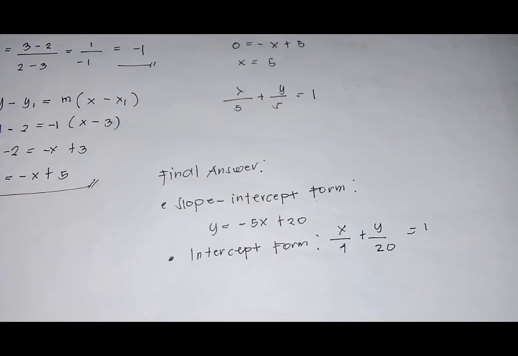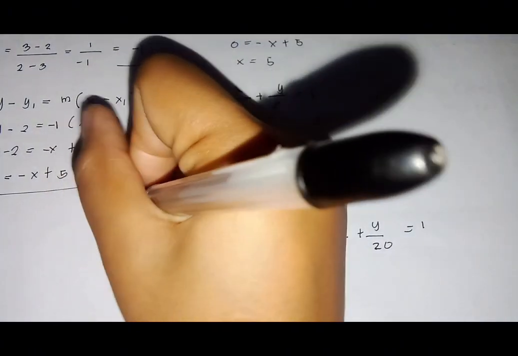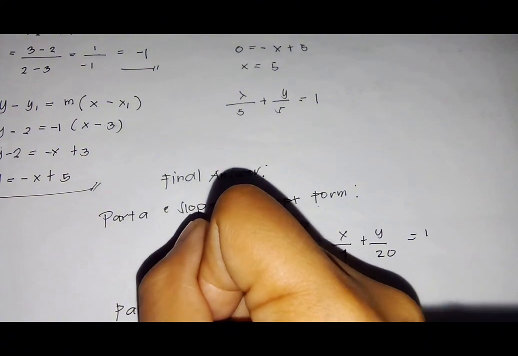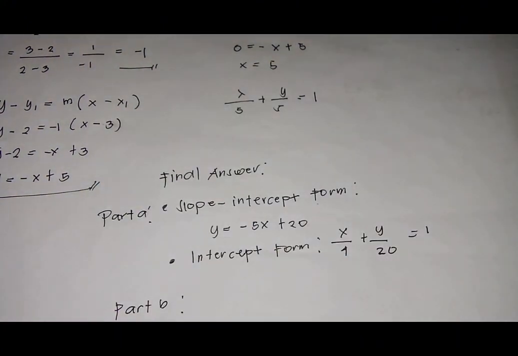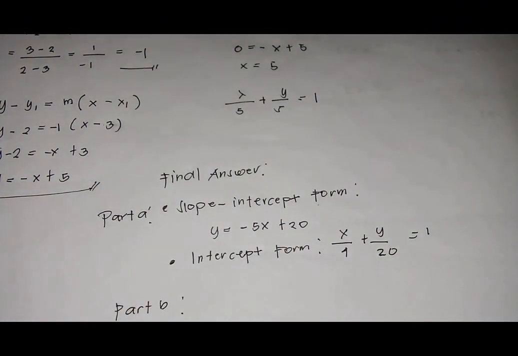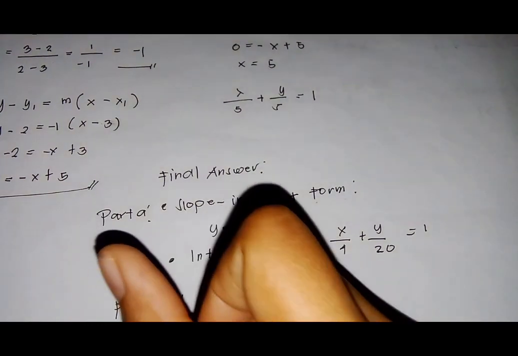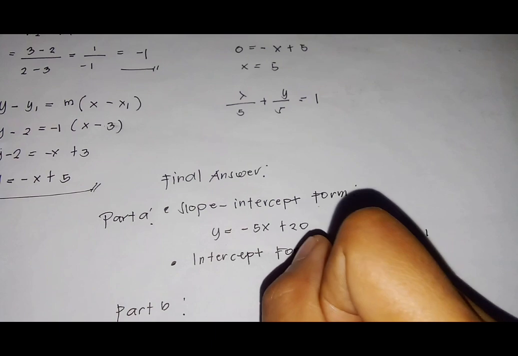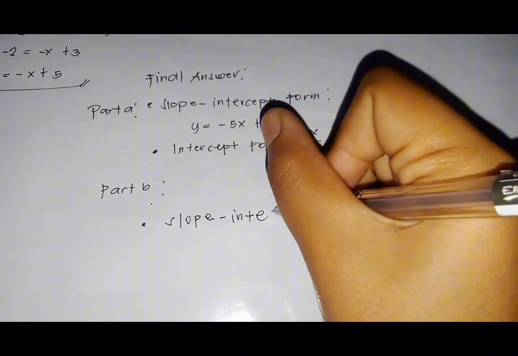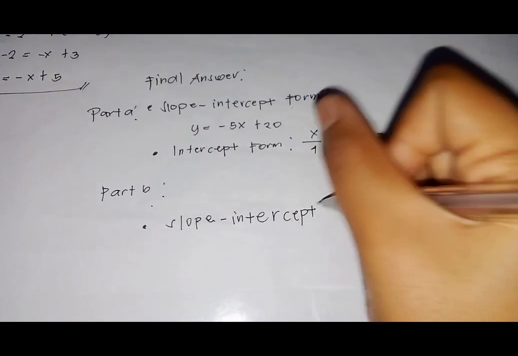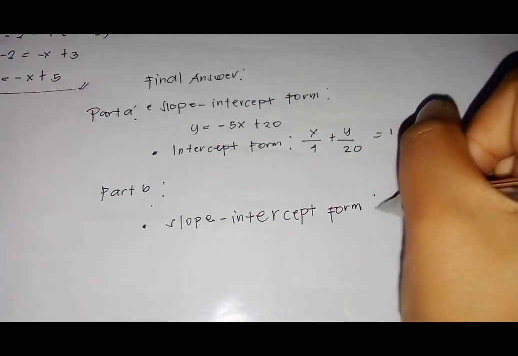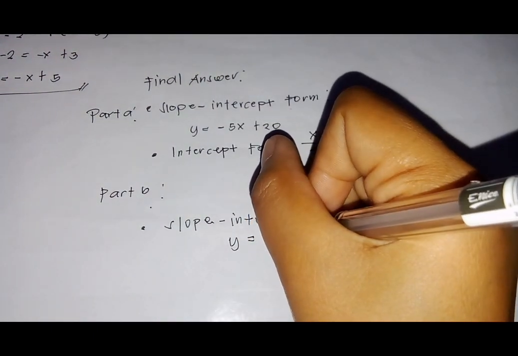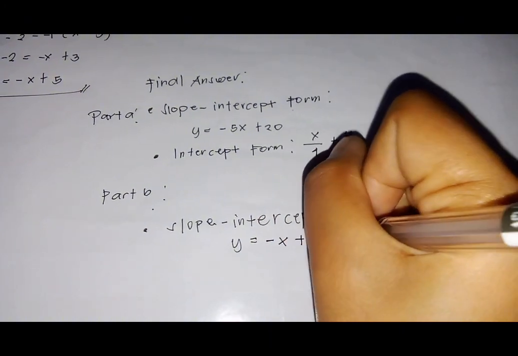Then part B. The slope-intercept form for B is y = -x + 5.